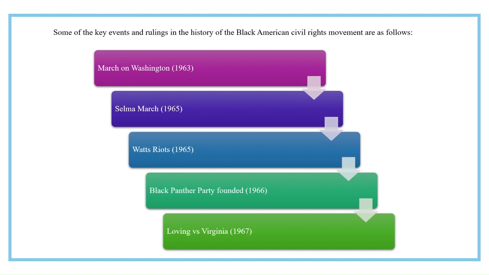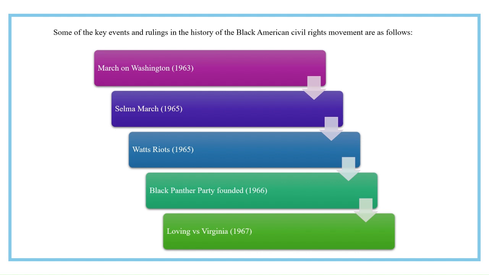The state troopers sent marchers back with violence and tear gas. On March 9th, King tried again, leading marchers to the Pettus Bridge, where they encountered state troopers. King led his followers to kneel in prayer and then he turned back.